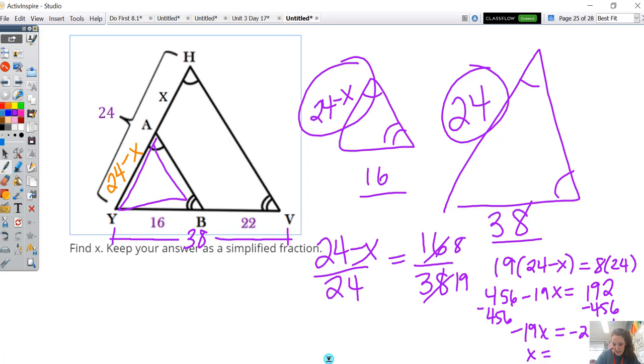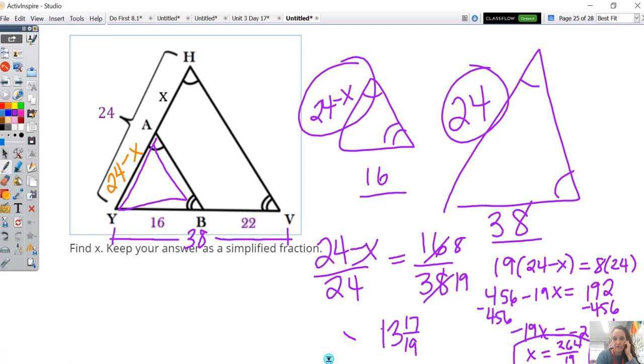Divide by negative 19, and you get 264 over 19. That's actually fully reduced, so you can keep it like that, or you can turn it into 13 and 17 over 19.